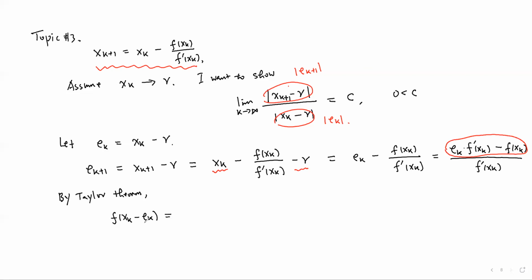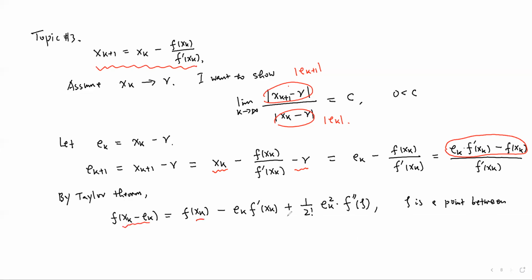Now I expand this function value: it is f(x_k) - e_k f'(x_k), plus an error term, e_k squared times the second derivative evaluated at some point psi, where psi is a point between x_k and x_k - e_k.